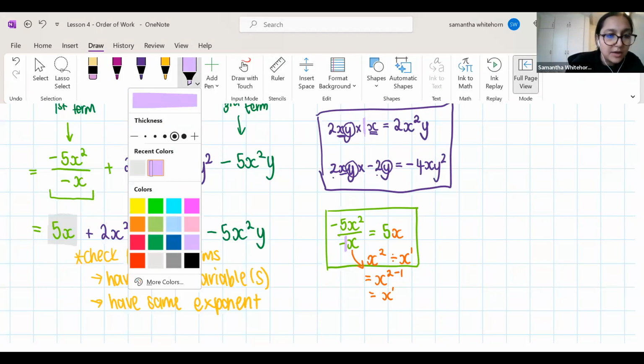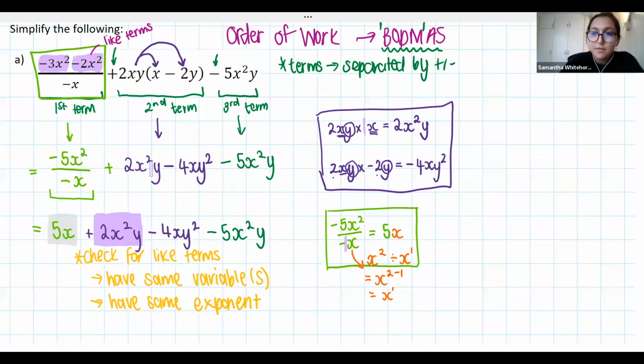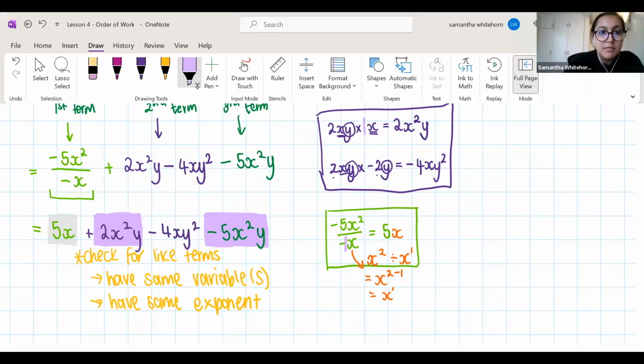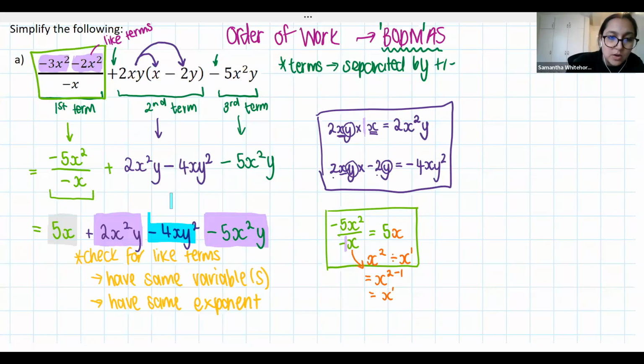If I have a look, I've now got a term with x squared y. So I want to look for other terms that have an x squared and a y in it. And I see that that is my minus 5x squared y. Very importantly, grade 8s, this minus 4y squared is not a like term to the x squared y.